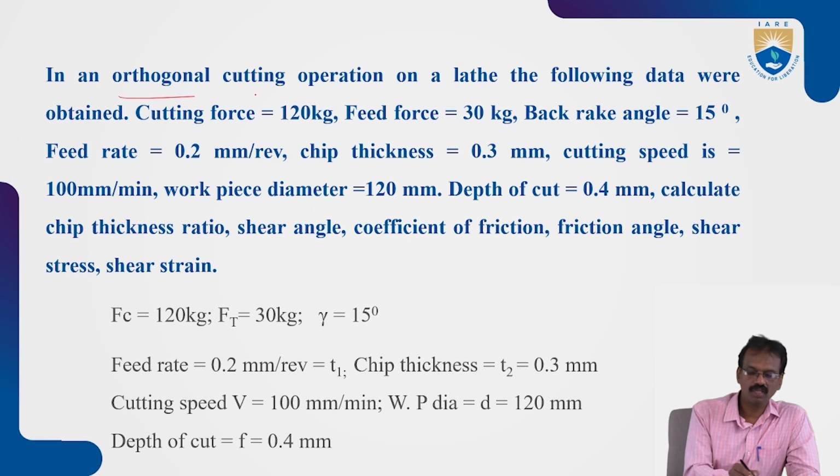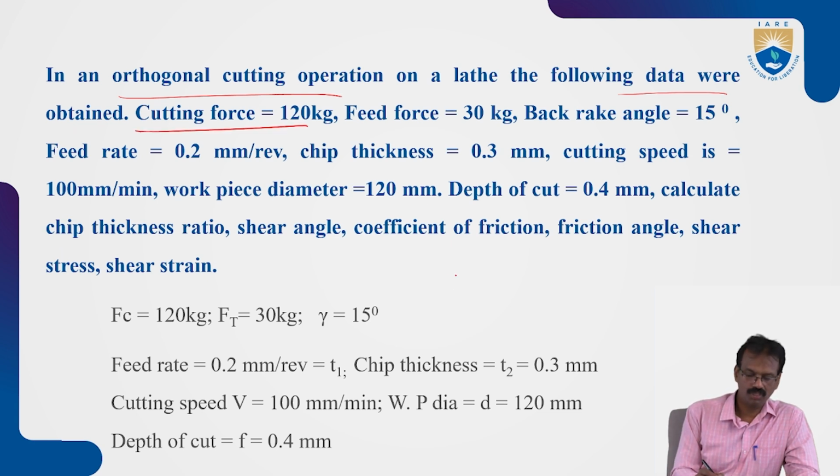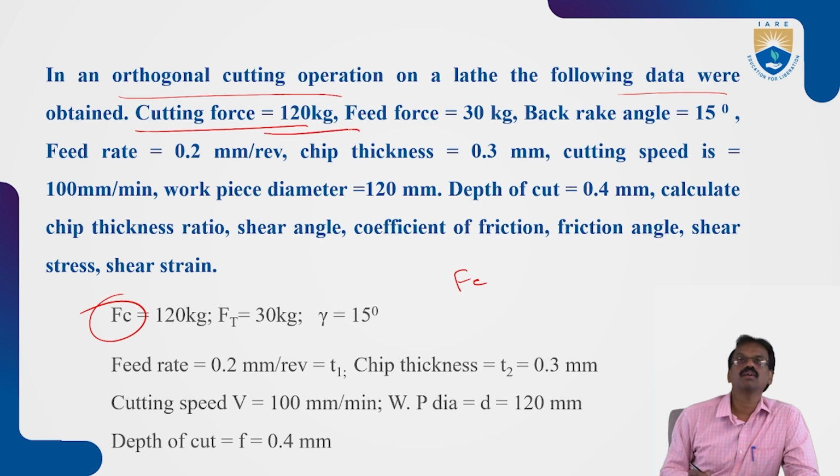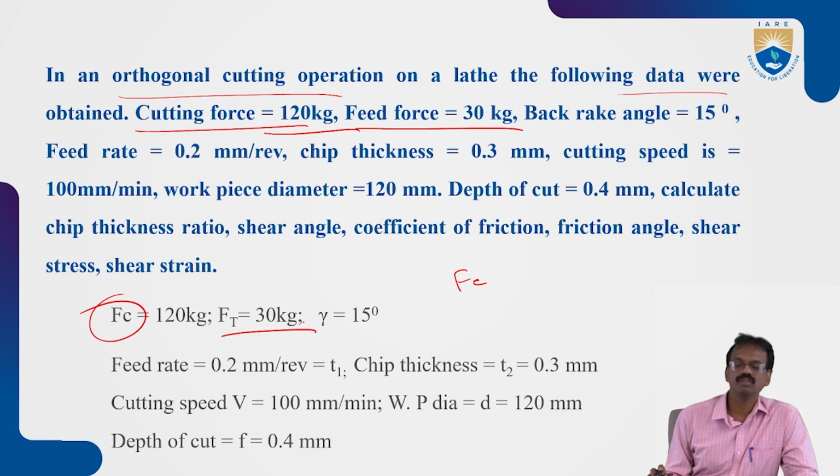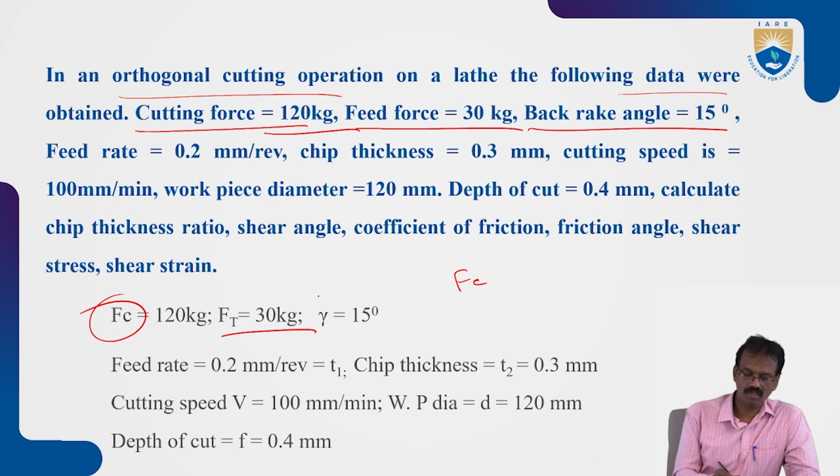In an orthogonal cutting operation on a lathe, the following data were obtained. The first one, the cutting force Fc, is 120 kg. Next, the feed force or thrust force, Ft, is equal to 30 kg. Next, the rake angle alpha, or gamma, is 15 degrees.